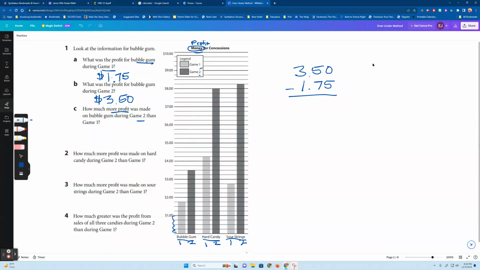One way to think of it, you could think of it as 350 minus, you could add 25 cents and say minus 2. And see, I'm going to add it back later. So 350 minus $2 is 150. Ooh, but I took another 25 cents off, so it's really $1.75. $1.75, and that's my answer.